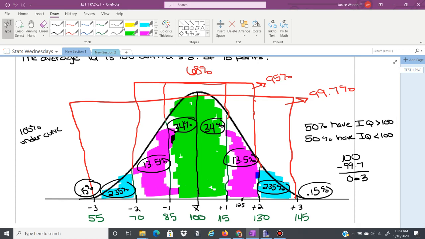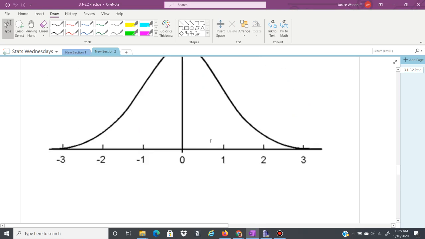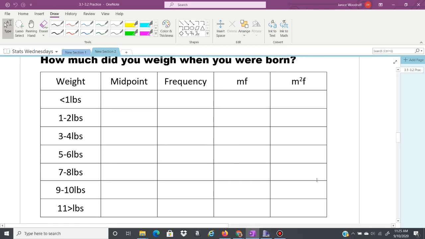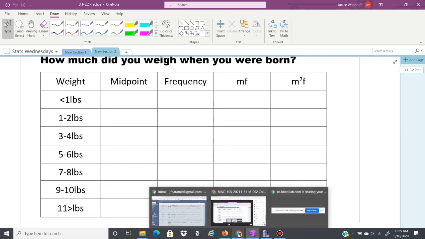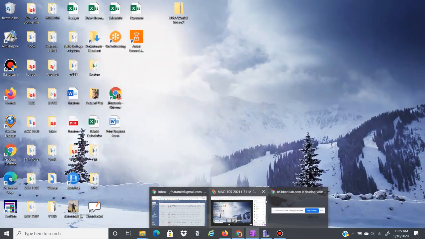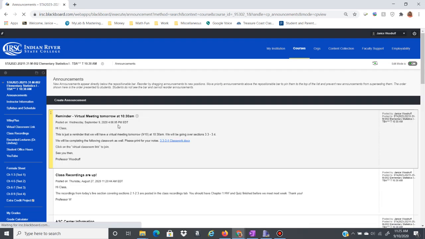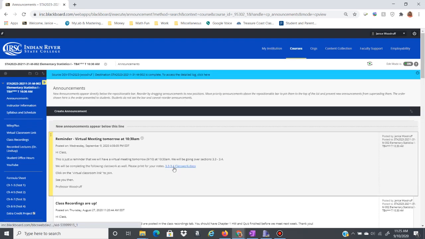It's attached to your packet, I believe, actually. What I did was I made this, I wanted to have more people, but there's only 10 people in the session today. So we're going to have to add some stuff in. But let me show you guys where this is. The practice set is going to be in Blackboard. I just went ahead and posted it in the announcements. So it's right here in the announcements when you log in, 3.3 to 3.4 classwork.